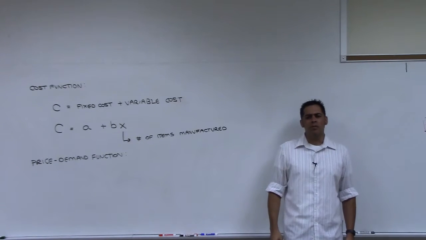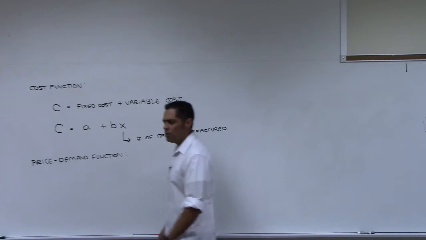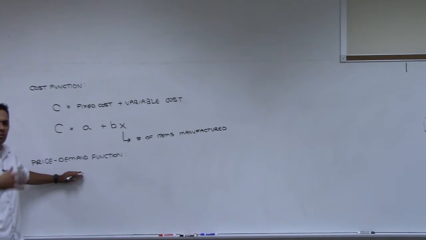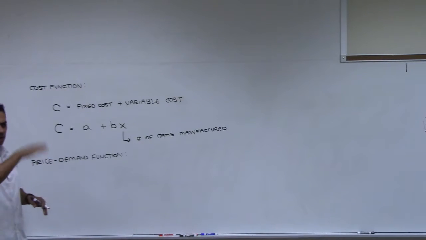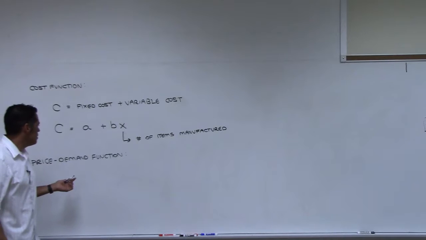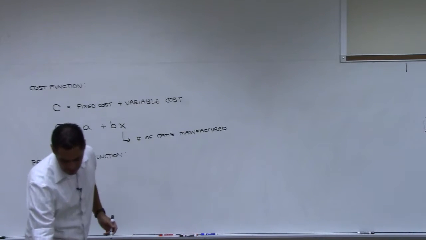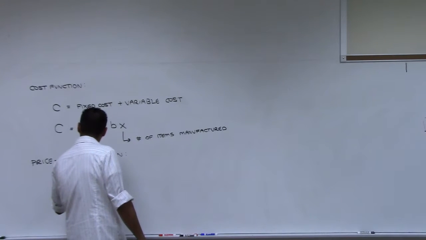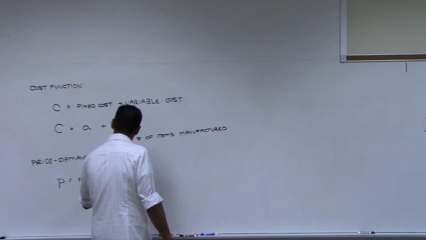Was it phones? It was phones, right? It was, at a certain price, the demand for the phone was, I gave you 2 data points and you were supposed to create a line, and that would give you your price demand function. So this usually looks like P equals price equals M minus NX.